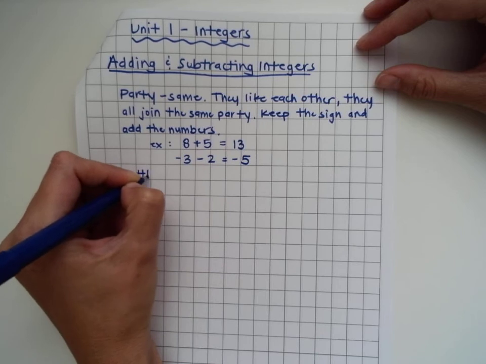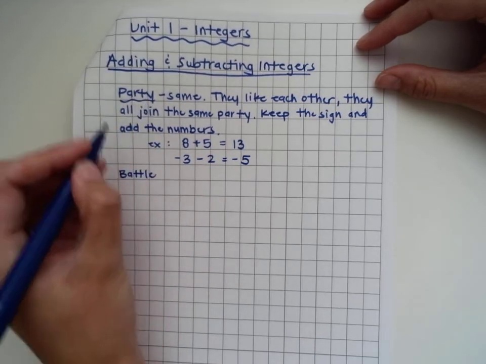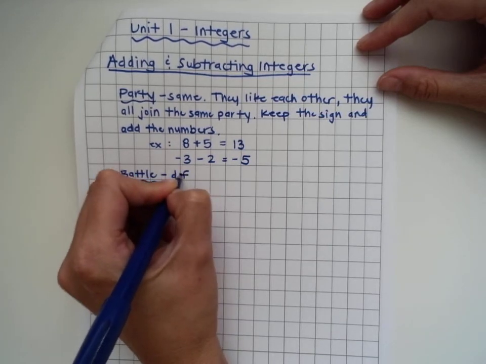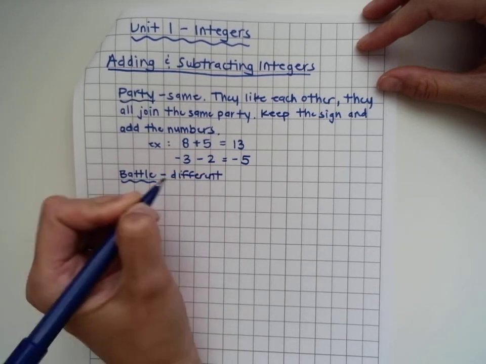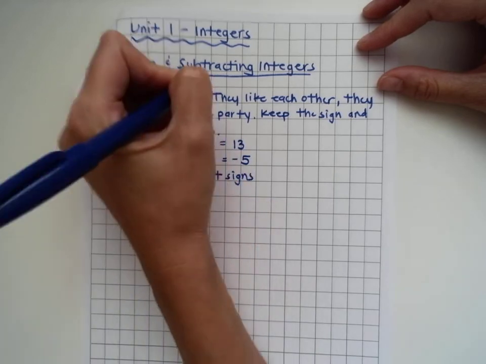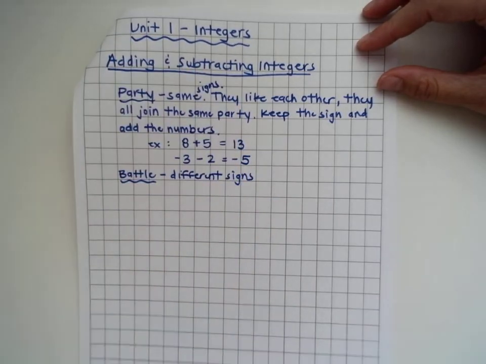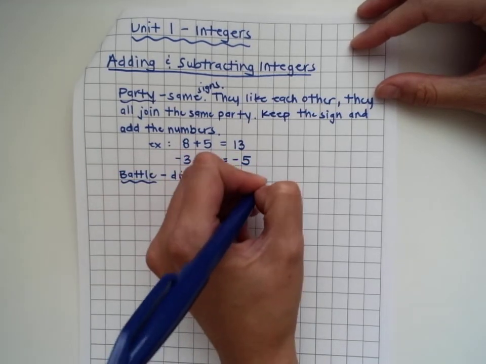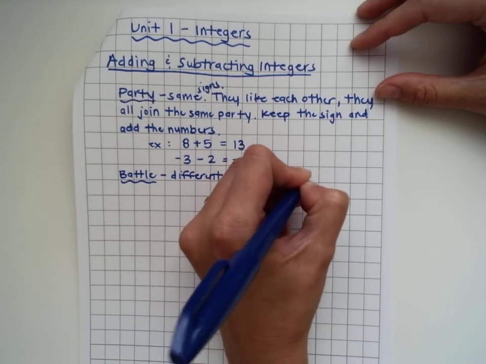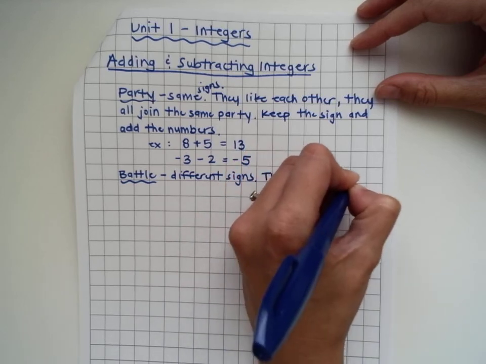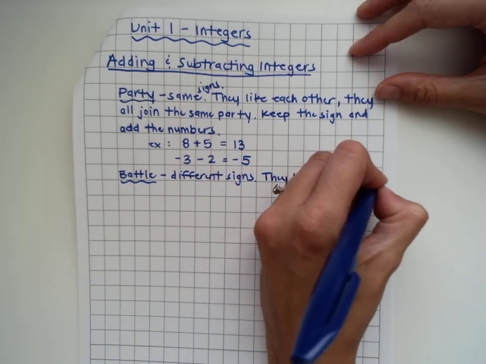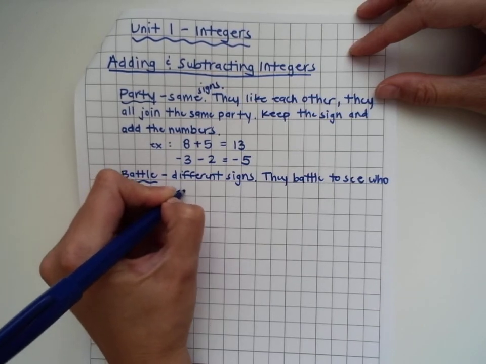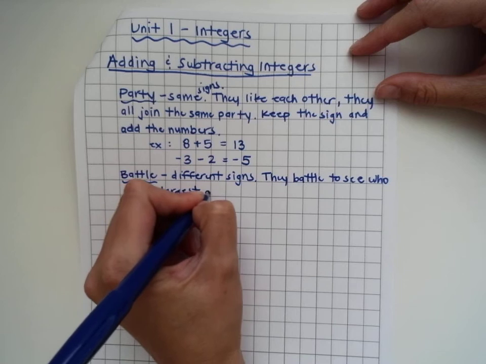The other situation we have is what we're going to call battle. That's when we have different signs. I just noticed that I missed writing signs up here. So they battle to see who is the largest and by how much.